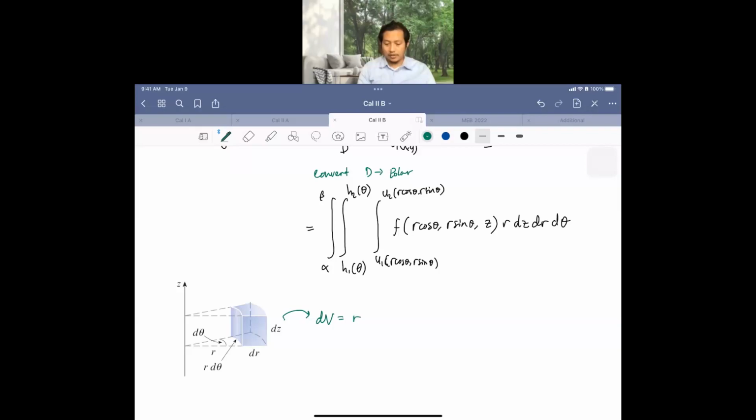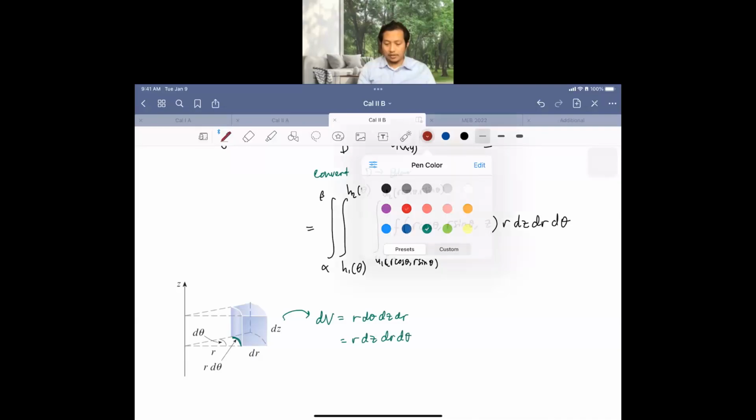It's r d theta, dz dr, or we could arrange it into dz dr d theta. So the way you write these polars should still be similar: dr d theta should be at the very end, and what you need to add is the r in between.